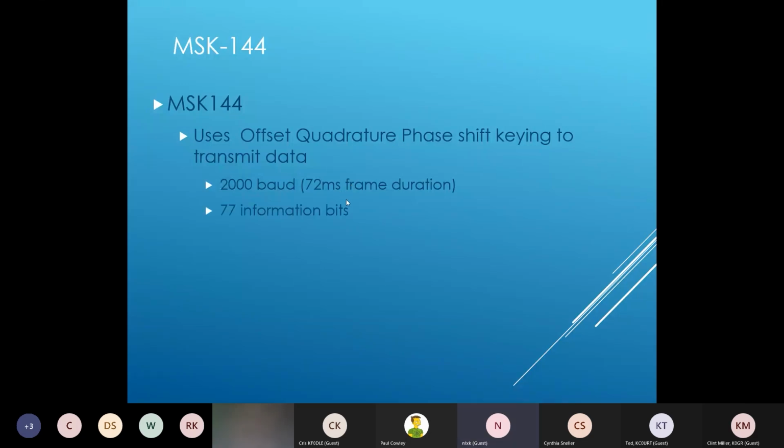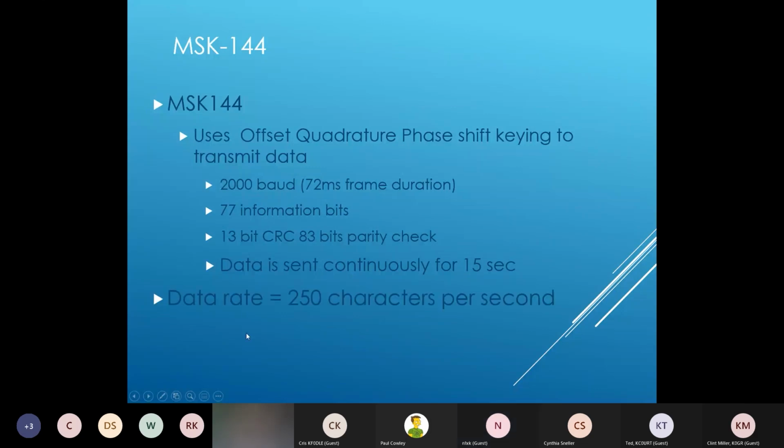There are 77 information bits. There's a lot of redundancy, so there's a 13-bit cyclic redundancy check, or CRC, and an 83-bit parity check. This frame is sent continuously over the 15-second period of when you're trying to do it. So the data rate is about 250 characters per second.